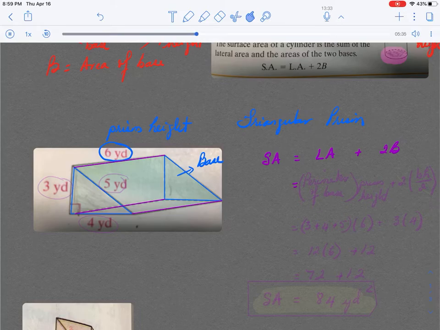We're going to have the perimeter of one base, and I'm going to multiply it with the prism height.